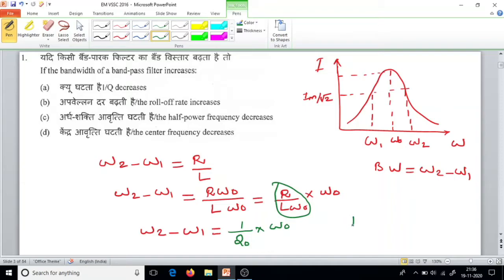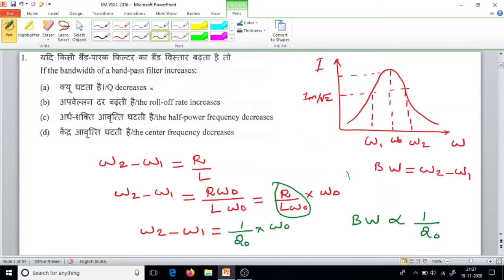Now we can say bandwidth is proportional to 1 by Q naught. That means when bandwidth increases, Q factor decreases.